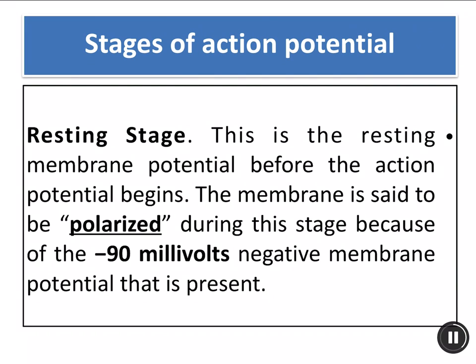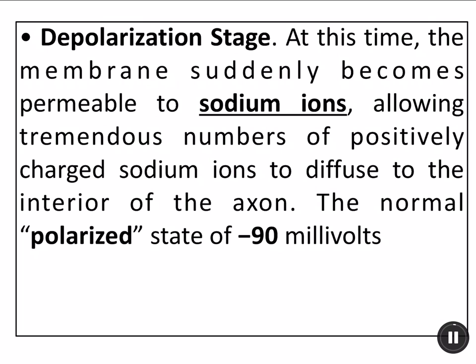Before the action potential, the membrane is polarized, and responsible for the resting stage is the sodium potassium channel. In the depolarization stage, the sodium ion channels open, and then sodium enters the cell and reaches the depolarization stage.